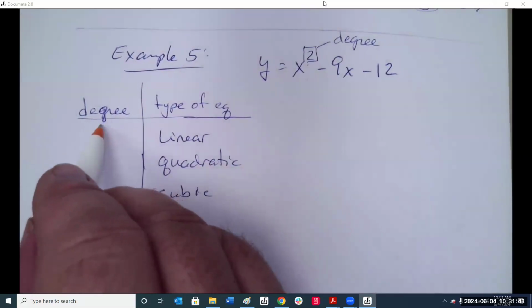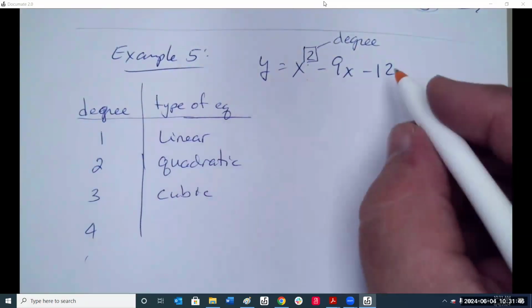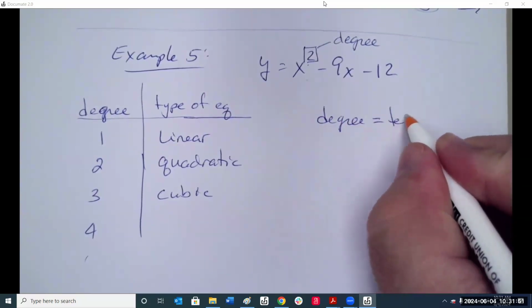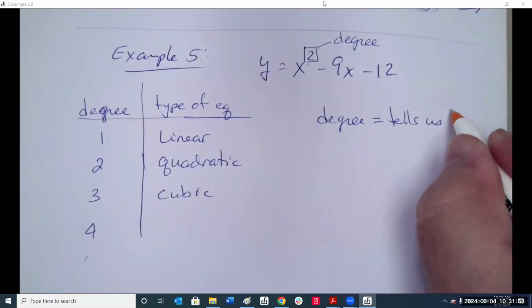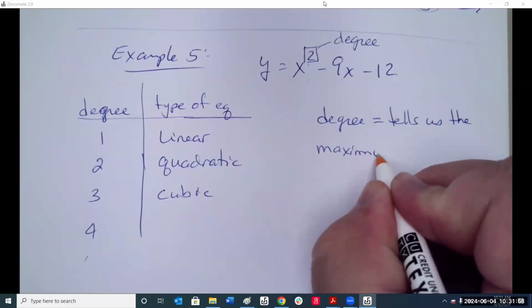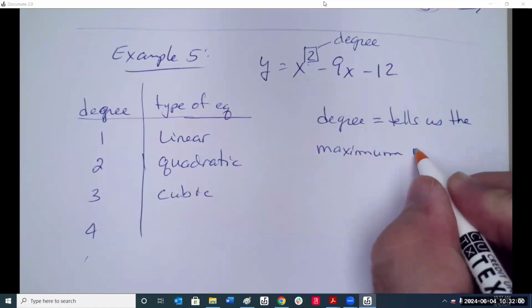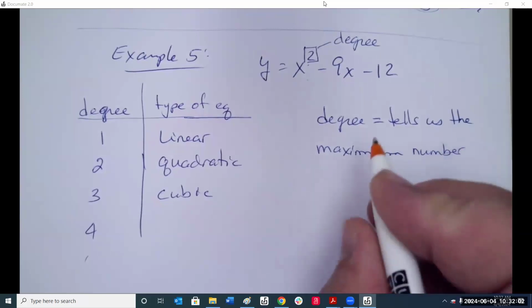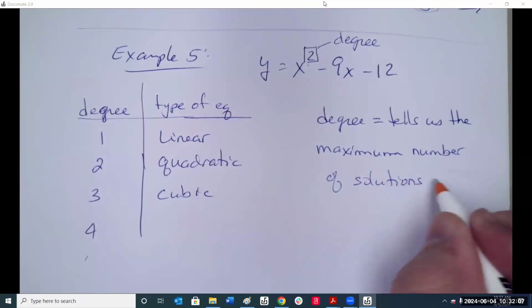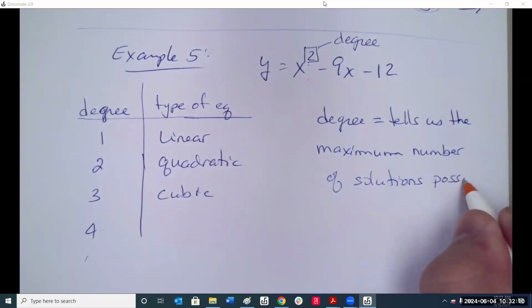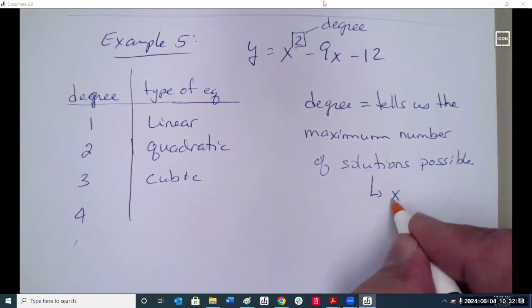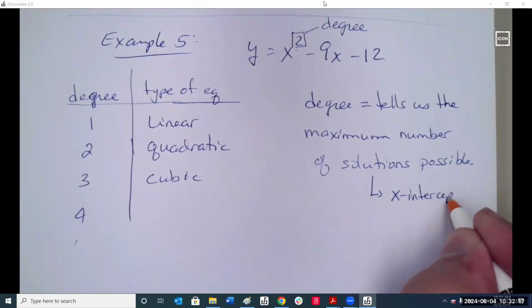And remember, the degree also tells us the maximum number of solutions possible. When we say solutions, we're talking about x-intercepts.